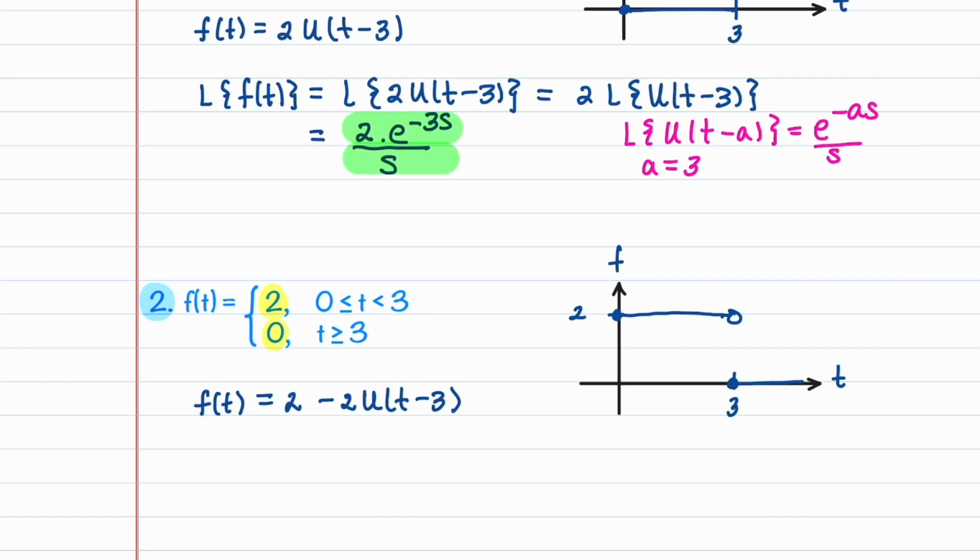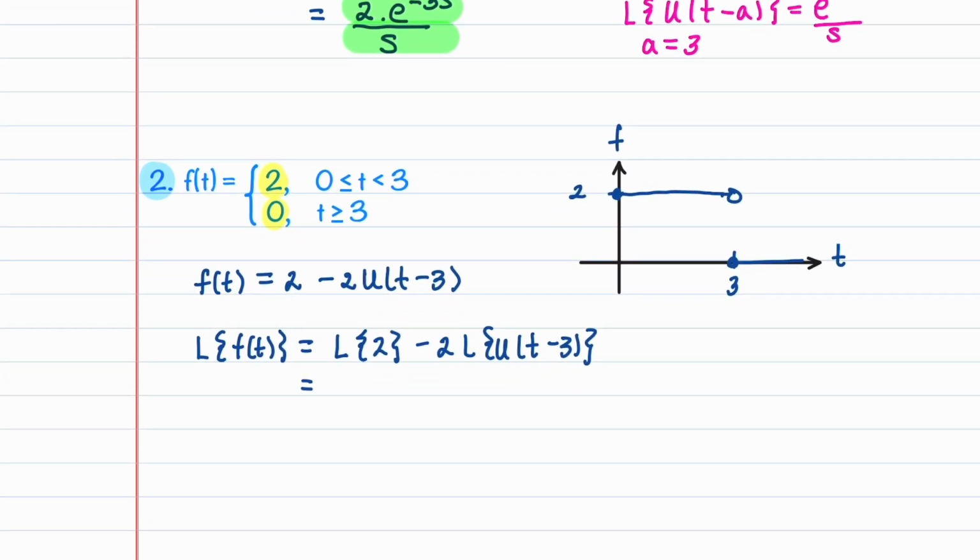Let's now find the Laplace transform of this function. This is the Laplace transform of 2, and we'll go ahead and pull out this next 2. So we have minus 2, the Laplace transform of u of t minus 3.